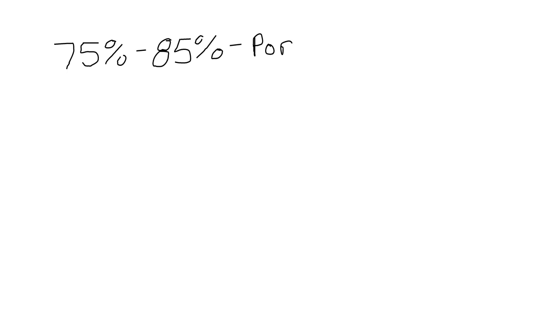So roughly about 80% of the blood supply, I'm going to do 75 to 85. Personally, I like a little bit of a range with mine. Different sources will tell you different things. So 75% of the blood supply to the liver is going to be through the portal system. And that portal system pulls blood from where? The GI tract, the intestines, the stomach, the small and large intestine, spleen.